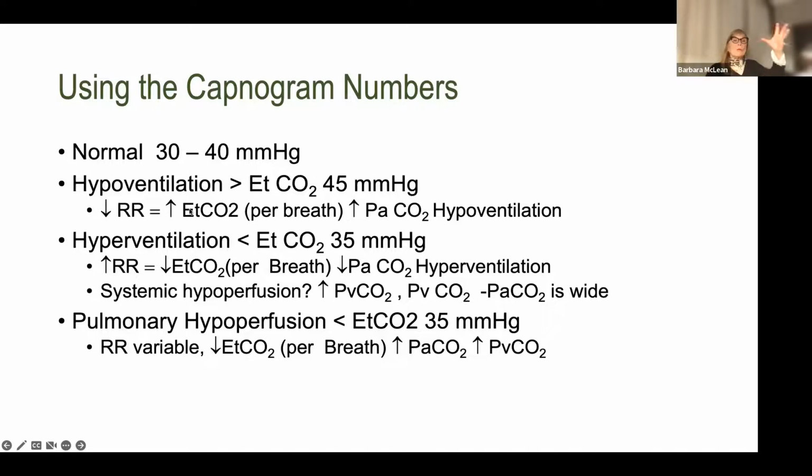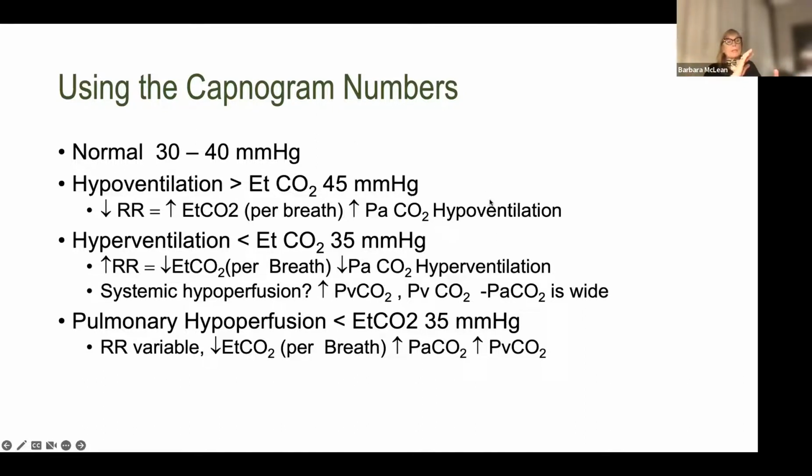They're clearing more CO2 per breath, but they're just not breathing deeply enough, rapidly enough, adequately enough to move CO2. So end-tidal CO2 per breath is up. That's what you see here, greater than 45. And the arterial CO2 is up because they are not getting rid of carbon dioxide. This is hypoventilation.